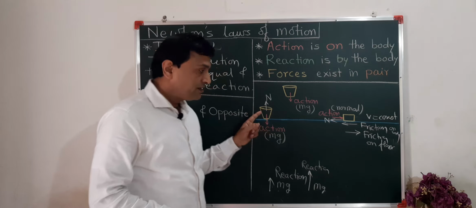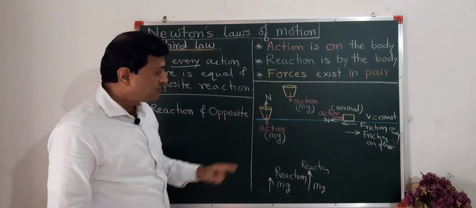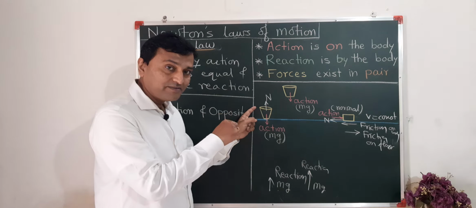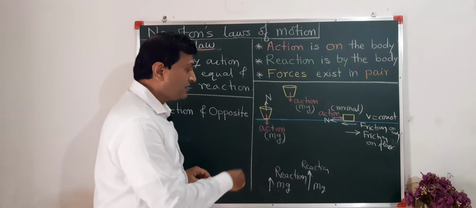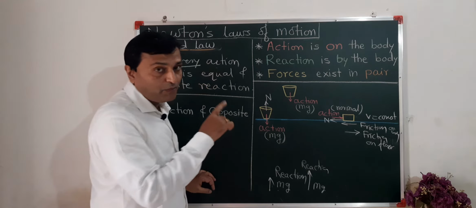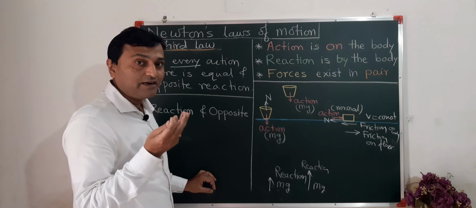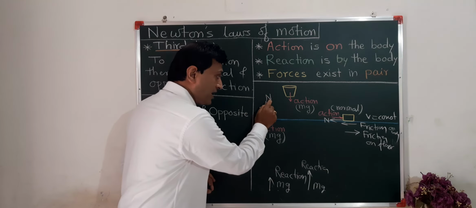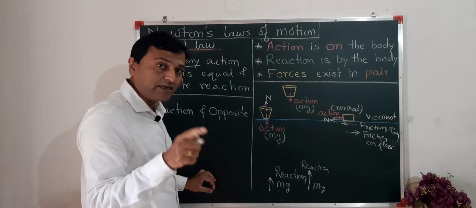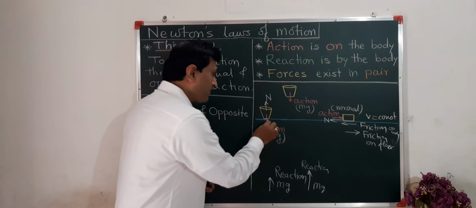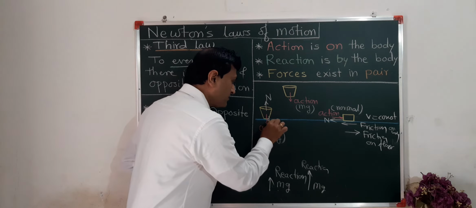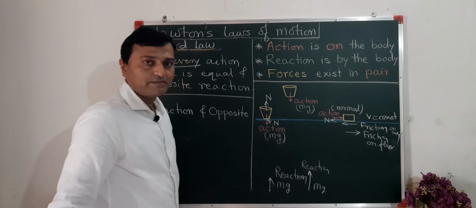For this case, for this normal reaction, it is exerted on glass. Then there must be opposite force. Where is that opposite force? If it is treated as action, there must be reaction. Reaction is on the floor. That is also normal reaction.